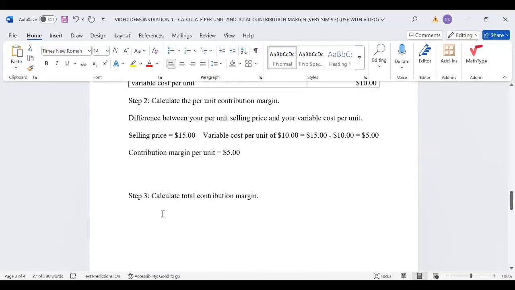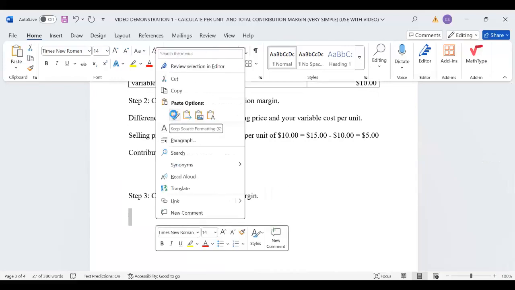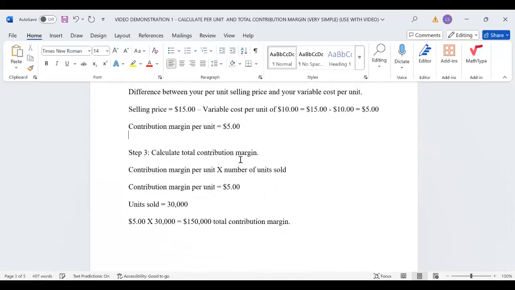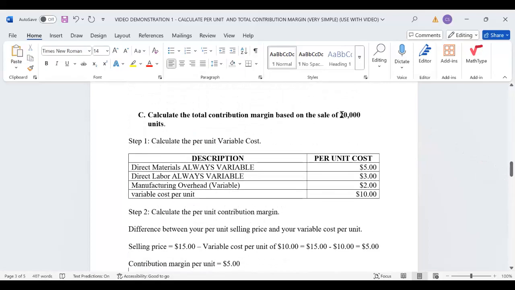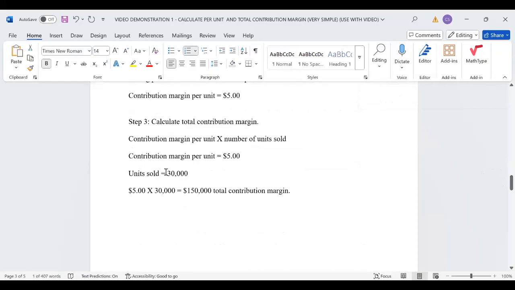Because we sold a different number of units this time, the number of units changes. This time, we sold 20,000 units. So now the units are going to be 20,000, and the calculation is going to be 5 times 20,000, or $100,000.